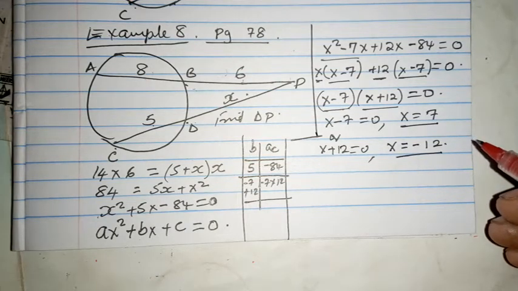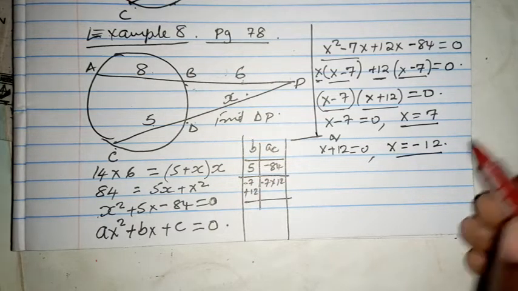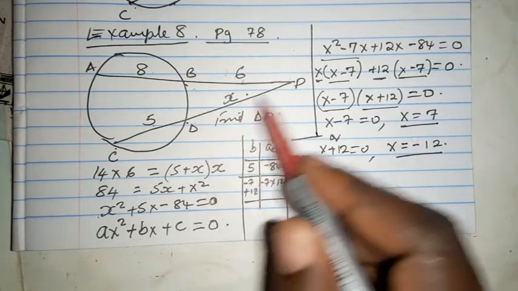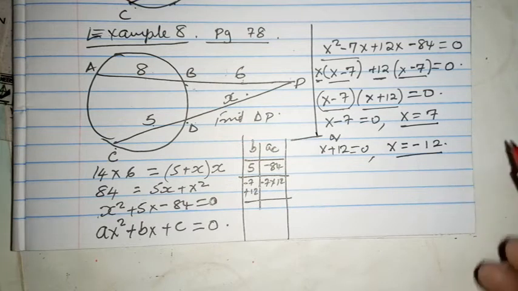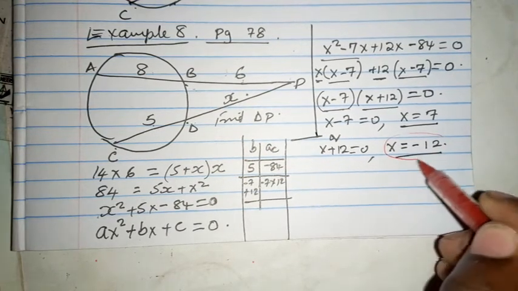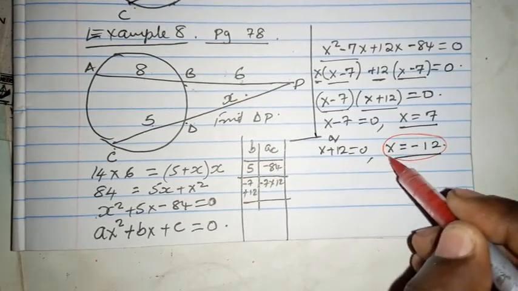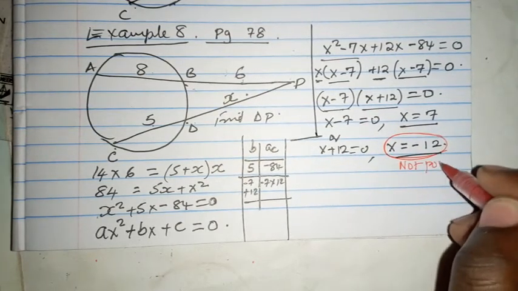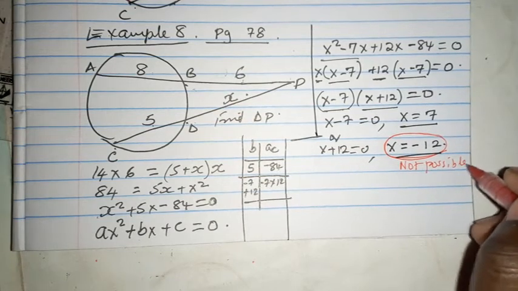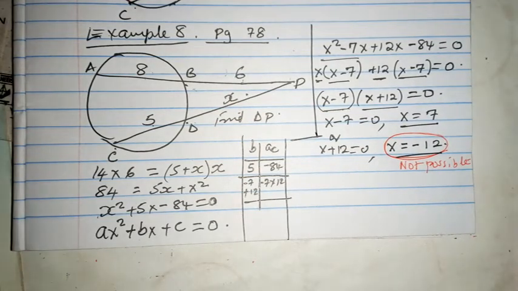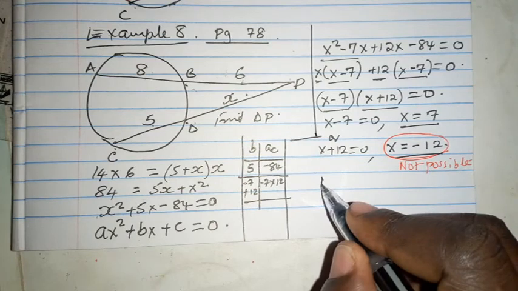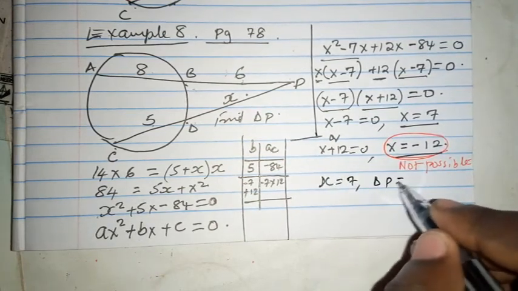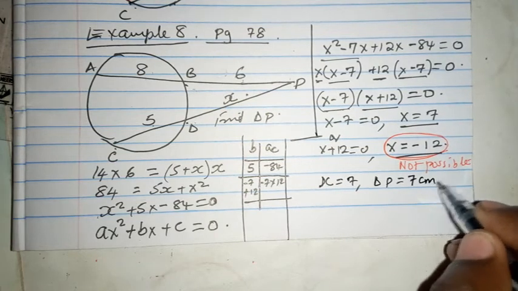The length of a chord can never be negative. There is no way we are going to have DP equal to negative 12 centimeters. This is not possible. Therefore, the only possible value of x is 7, and DP is equal to 7 centimeters.